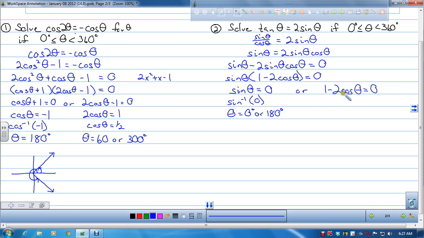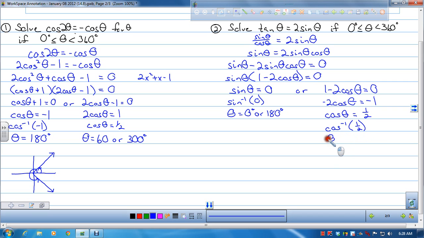Now, the other one. What I am going to do is I got to move the 1 first. So I'd subtract 1. So negative 2 cosine theta equals negative 1. Divide by a negative 2. So I would have cosine theta equal to 1/2. Again, I could look at my unit circle or go inverse cosine of 1/2.